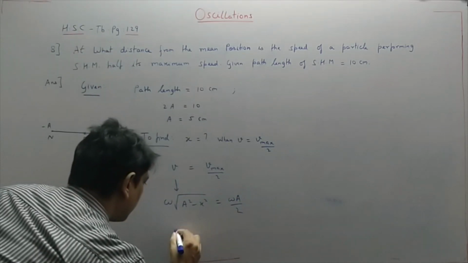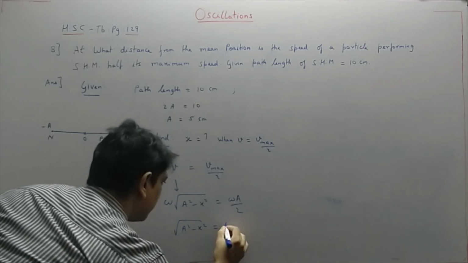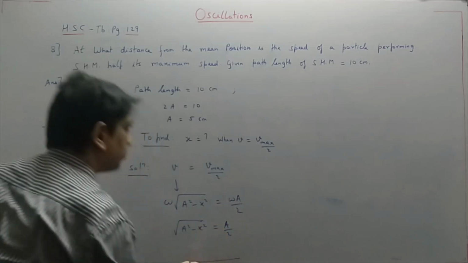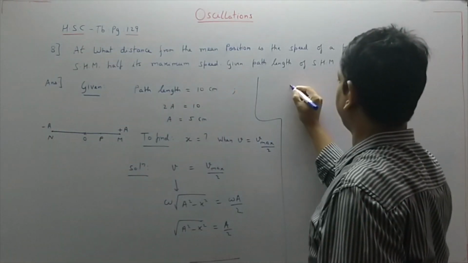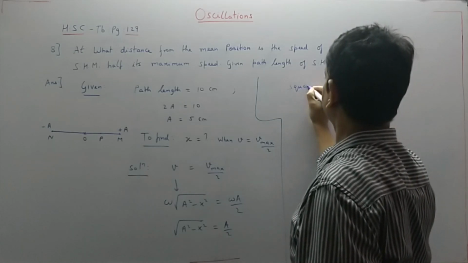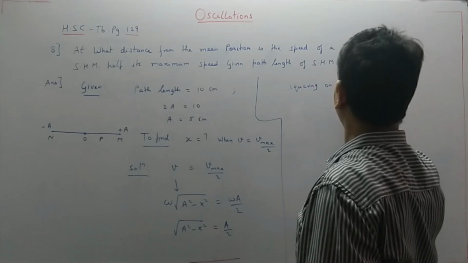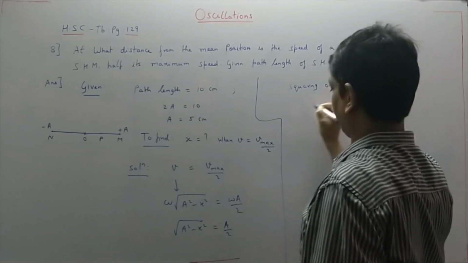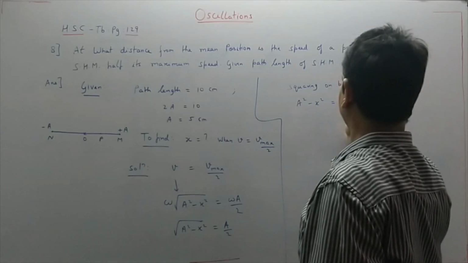Omega will get cut. We are going to get root of A square minus x square equal to A by 2. Squaring on both the sides, we are having A square minus x square equals A square by 4.